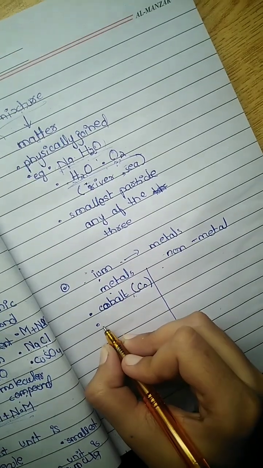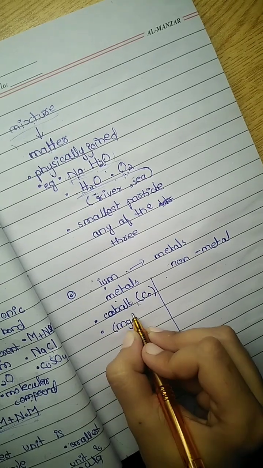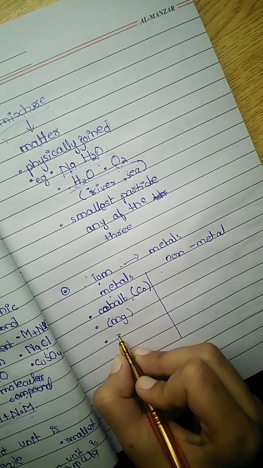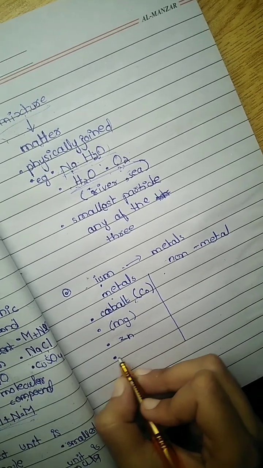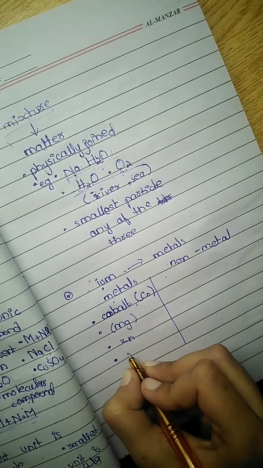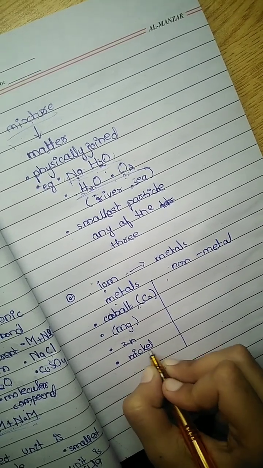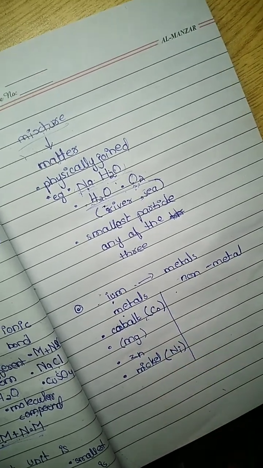The next one is Mg, manganese, and the fourth one is zinc. The fifth one is nickel. I've just written the name; I should write the symbol. Okay.